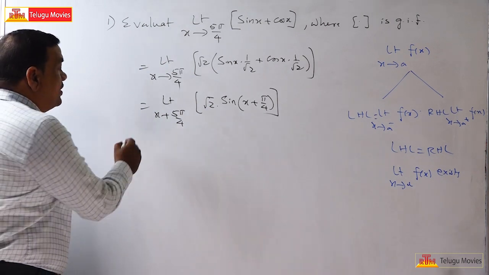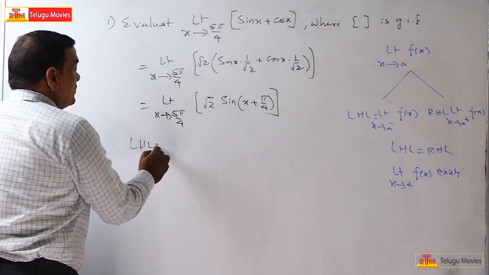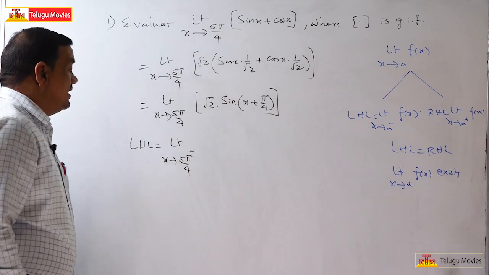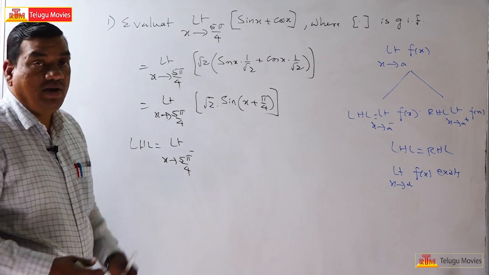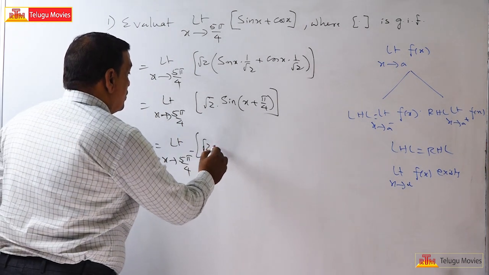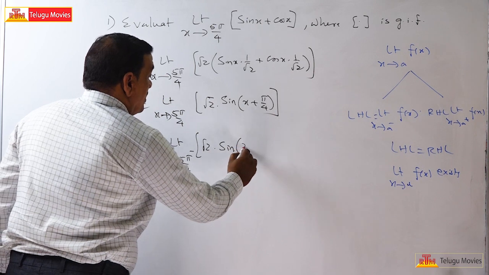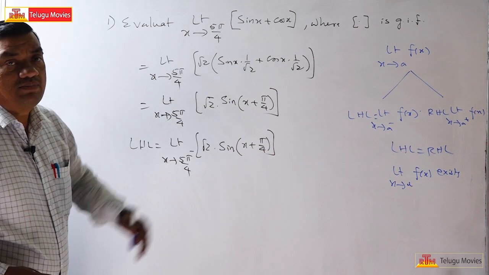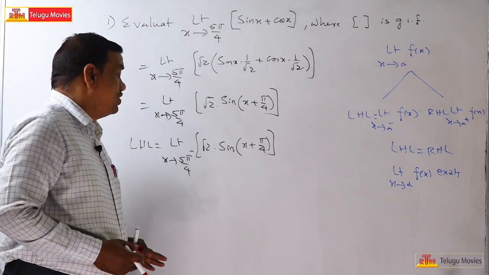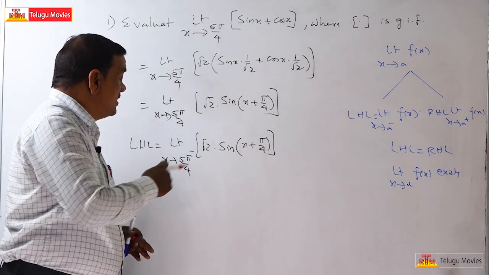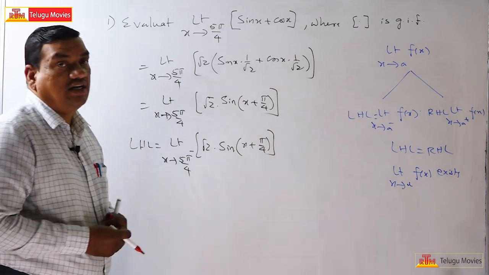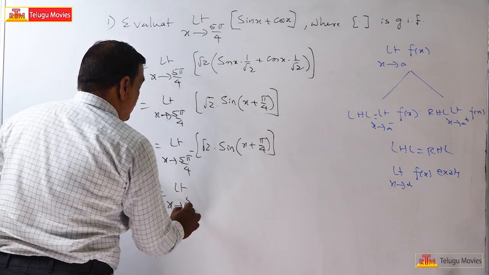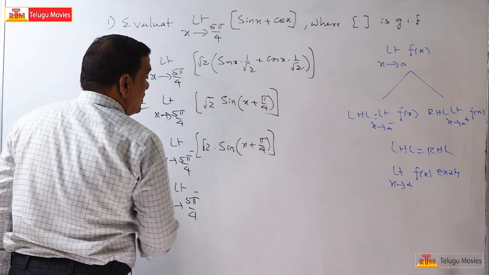Now let us find the left hand side limit, that is the limit as x tends to 5 pi by 4 minus. Then what will you get here? This is root 2 into sin of x plus pi by 4, and I am going to find this value. Now substitute x, you can write it as h tends to 0, with h minus 5 pi by 4 in place of x.